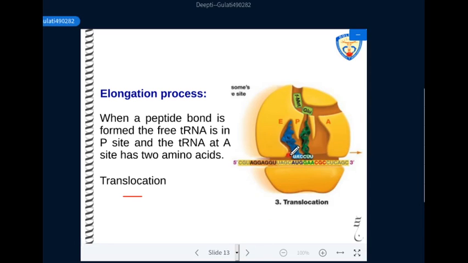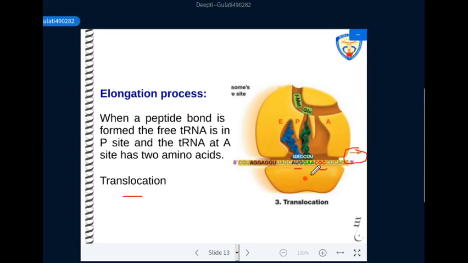So this is what is here. This was an initiator tRNA shown in blue. This was an initiation codon AUG, which was present in the P site. Now we can see it's present in the E site. So this is because of the movement. This arrow shows that the ribosome is moving downstream 3 steps, so that the next codon comes into the A site.